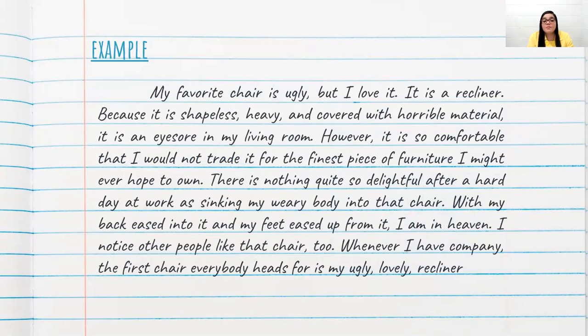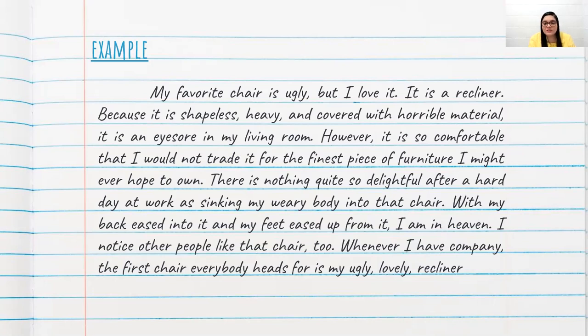It says, my favorite chair is ugly, but I love it. It is a recliner. Because it is shapeless, heavy, and covered with horrible material, it is an eyesore in my living room. However, it is so comfortable that I would not trade it for the finest piece of furniture I might ever hope to own.